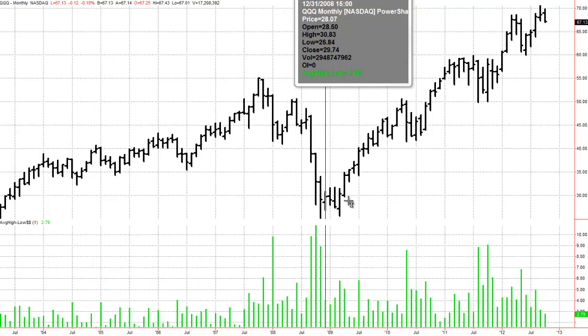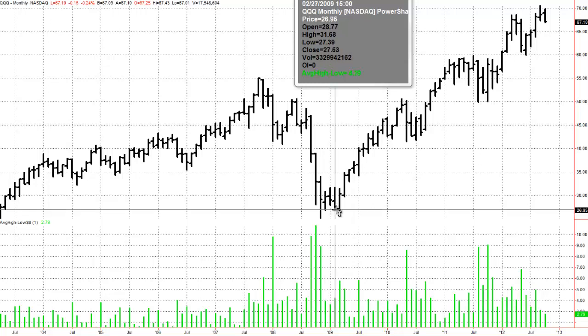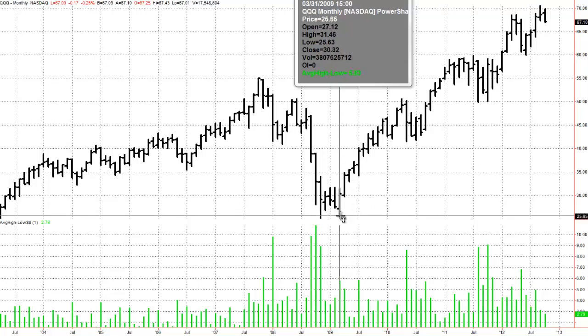is, let's say, 46. So let's say that the average distance between each high and low was $4 per share. Let's also envision in our wildest dreams that we were fortunate enough to make our purchases each month at the very lowest point and exit each of those trades at the very highest point.